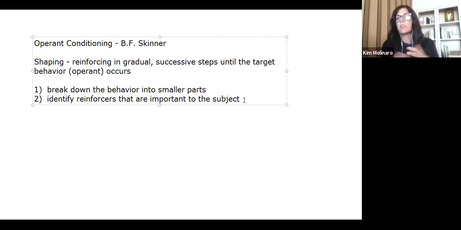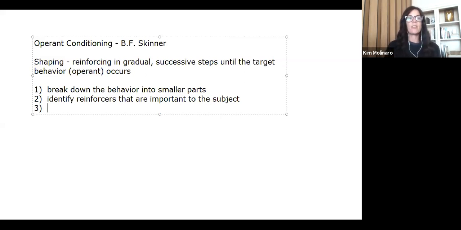So you have to identify what types of rewards, what types of reinforcers are important to the subject, and then you implement shaping, which means you start with the most achievable behavior and reinforce it, and then you expect more of the behavior to be presented on its own before it's reinforced. In other words, you reinforce in gradual successive steps.